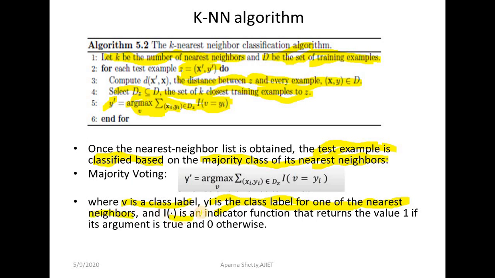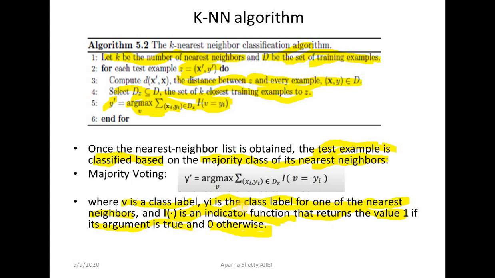And I(.) is an indicator function that returns the value 1 if its argument is true, and 0 otherwise.